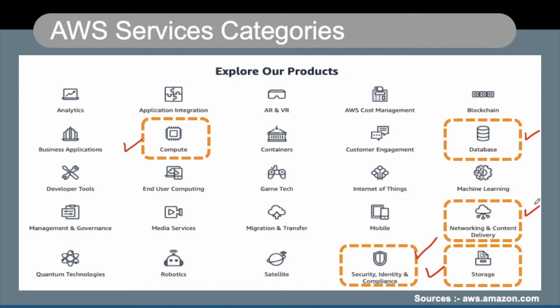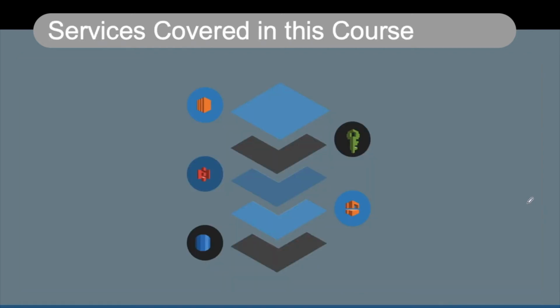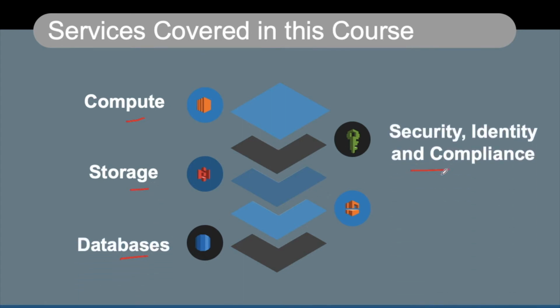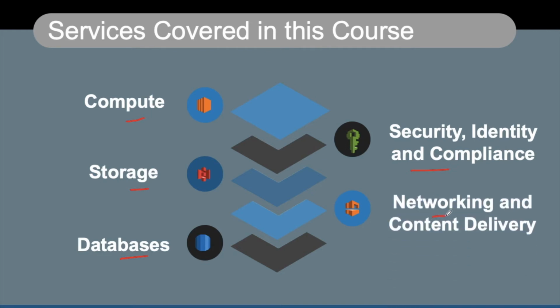So these are the 5 different categories we are going to cover: compute, storage, databases, security, identity and compliance, and networking and content delivery. Let us understand what the different services in these categories are, and which major services we are going to use.